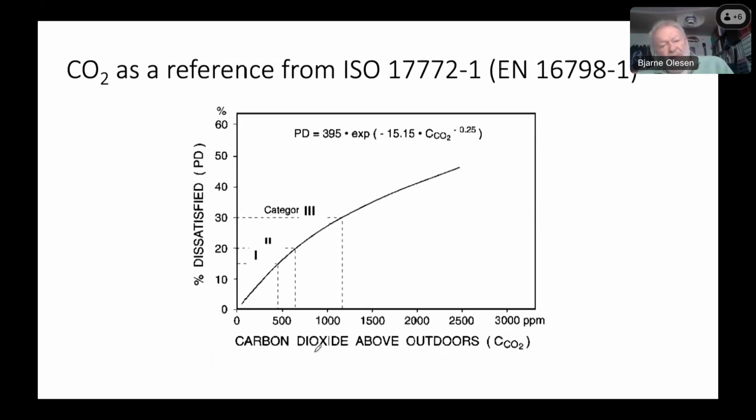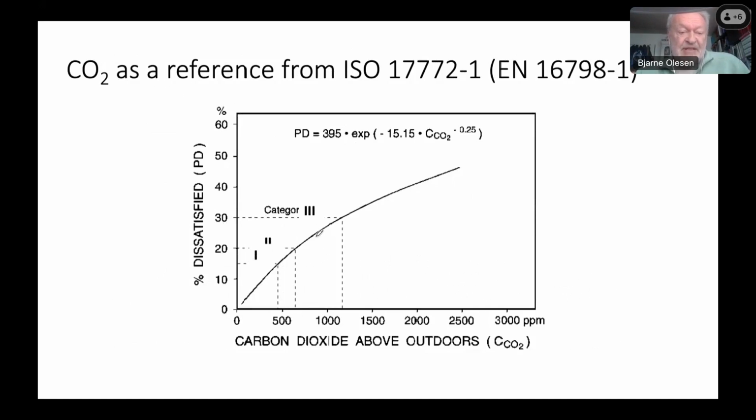And one of the basic studies we had was the relation here between the CO2 concentration above outdoor and, on the y-axis, the number of people expected to be dissatisfied. And there you see we have the equivalent categories.